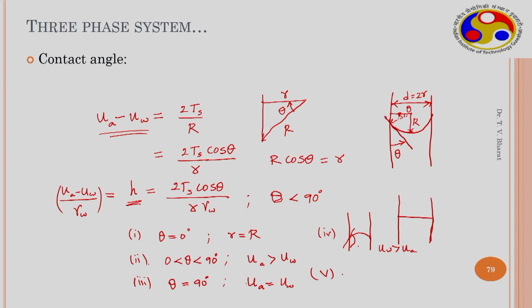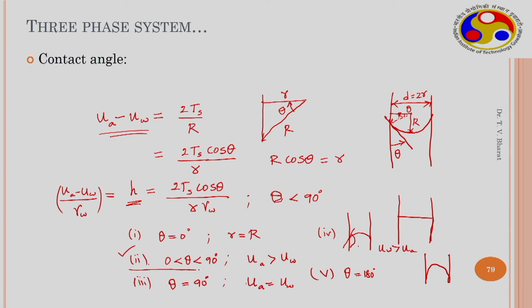And if theta is perfectly 180 degrees, it is a perfectly repellent material. So these 5 possibilities could be considered for our soils.